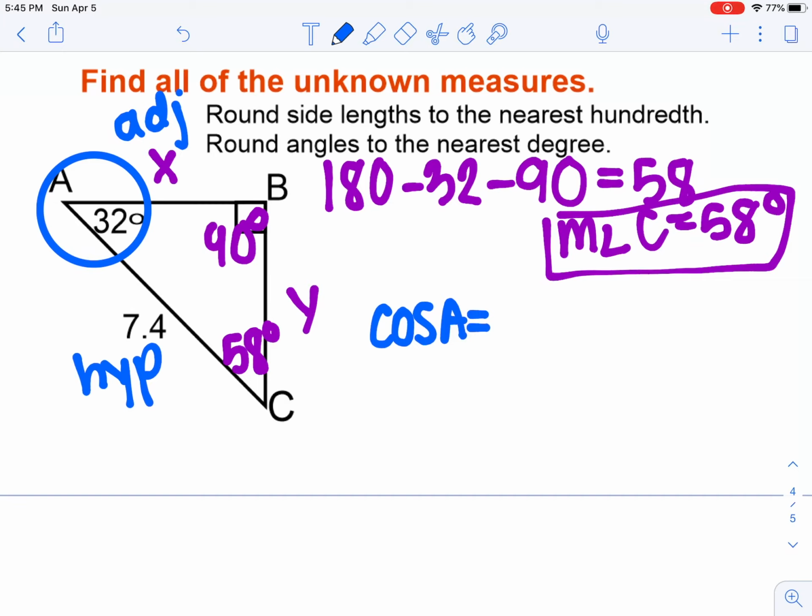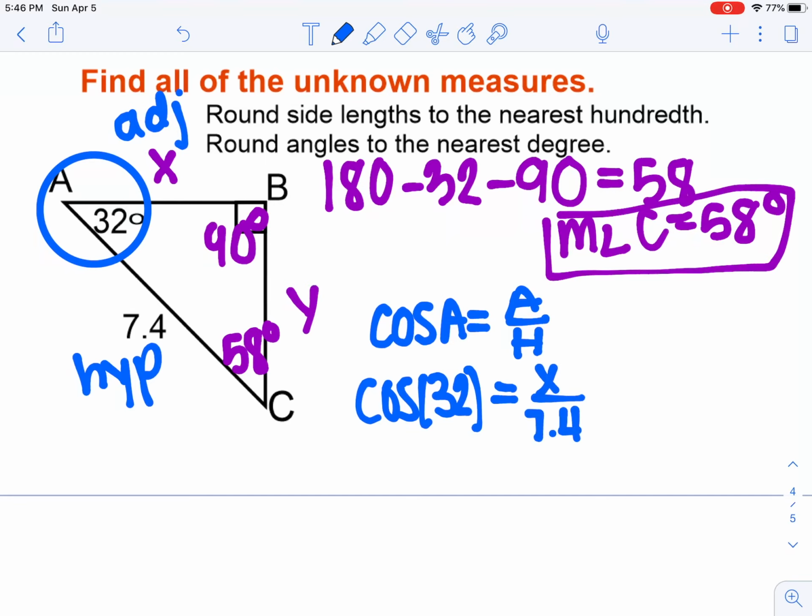So I can say that cosine of angle A equals my adjacent over my hypotenuse. Angle A is 32 degrees. My adjacent side is X, and my hypotenuse is 7.4. So to solve for X, I can multiply both sides by 7.4.